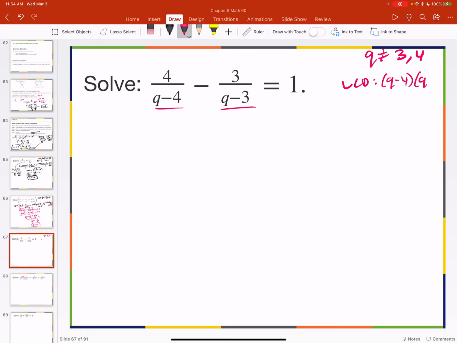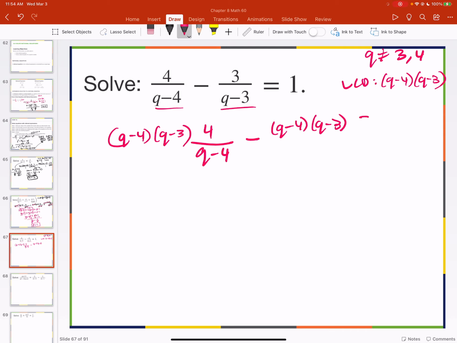So multiplying everything by that, we get Q minus 4, Q minus 3 times 4 over Q minus 4, minus the LCD again, Q minus 4, Q minus 3 times 3 over Q minus 3, is equal to Q minus 4, Q minus 3, because times 1 is just that.